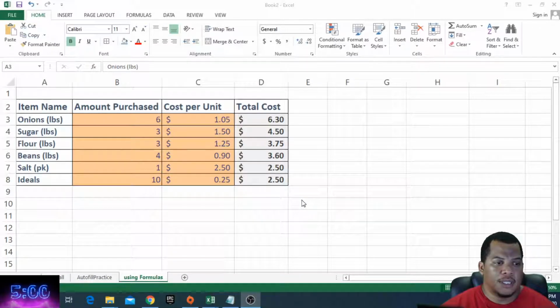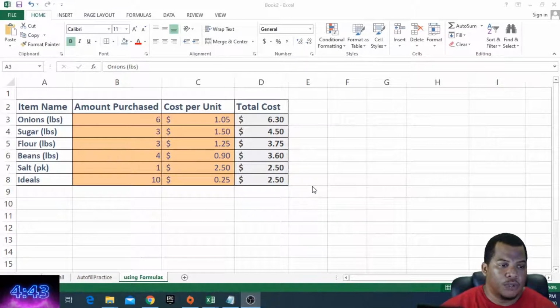We are using the same worksheet that we had last time, where we had the item name, amount purchased, cost per item, and total cost. And we want to look at offering maybe a 10% discount on each item.